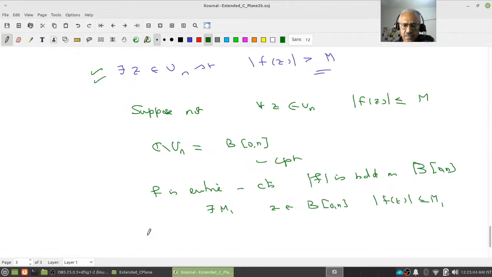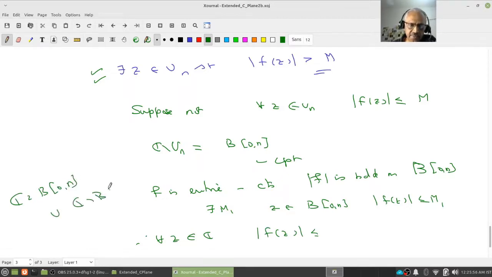That means for every z in C, mod f(z) is bounded. Now C is what? B(0,n) union the complement of B(0,n), and this complement is contained in U_n. So a given z has to be either here or here. If z is here, mod f(z) is less than M1.